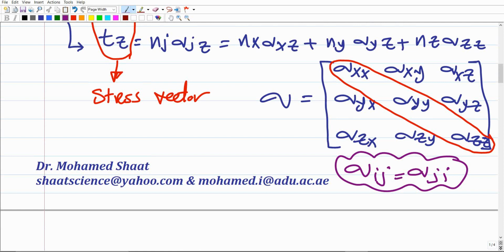As we discussed in the previous video, the deformation tensor is a general tensor that has 9 components, and we can split it into symmetric and skew symmetric parts. The symmetric part gives us the strain tensor. As we discussed, this strain tensor has 6 independent components. The 3 components over the diagonal we name normal strains, and these normal strains give us changes in the dimensions along x and y and z.